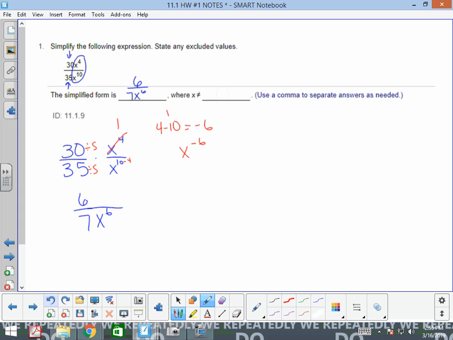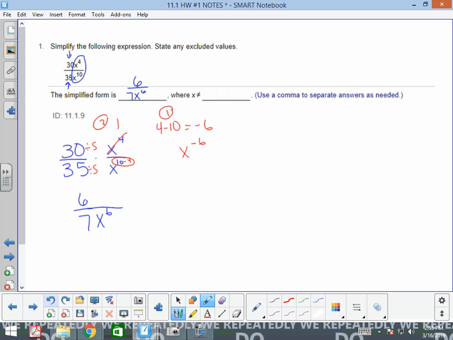Or, you cancel out the variable with the smallest exponent, put a 1 there, and then take the large exponent and subtract the other exponent, wherever that large exponent is. That large exponent is on the bottom, so 10 minus 4 is x to the 6 on the bottom. So there are two different ways that you can show how to simplify variables.